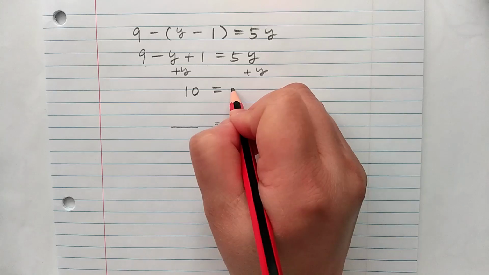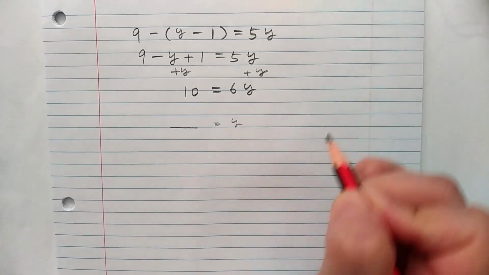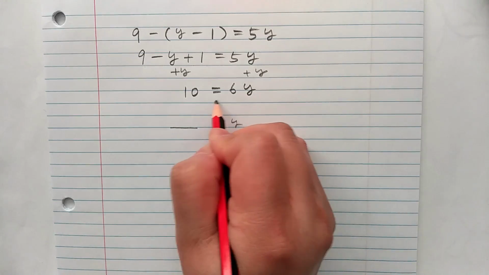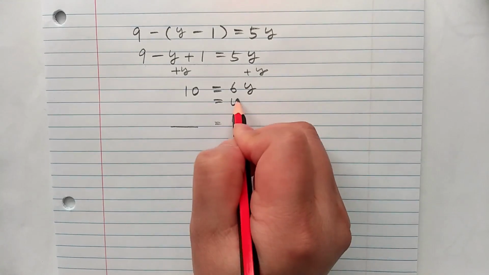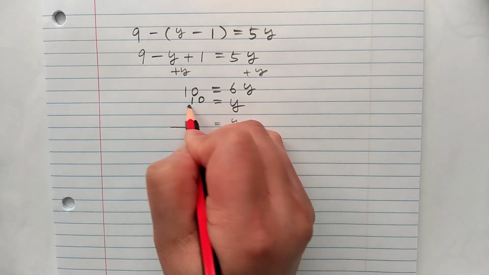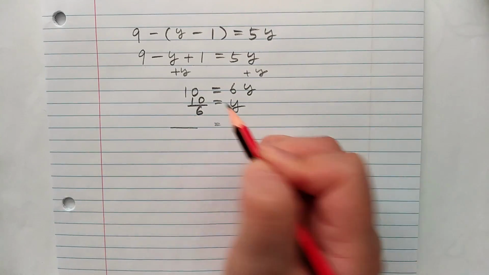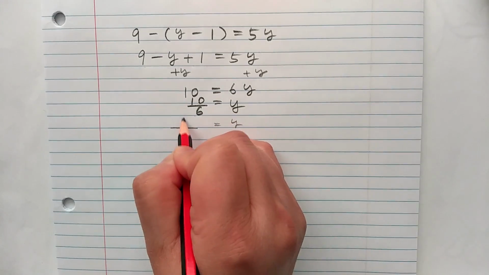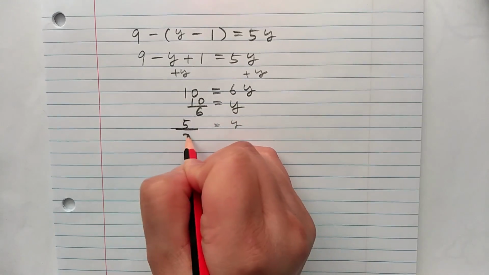And this is 6y. Divide both sides by 6. Y is equal to 10 over 6. Reduce it to the lowest term, which is 5 over 3.